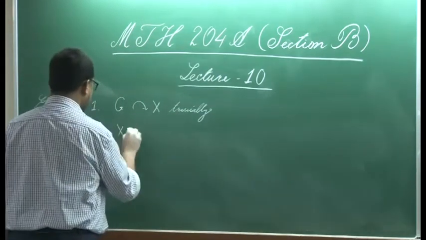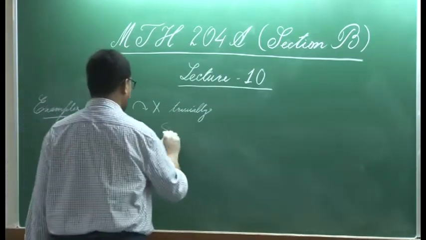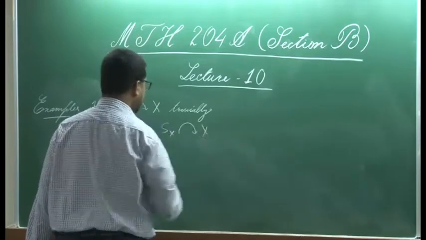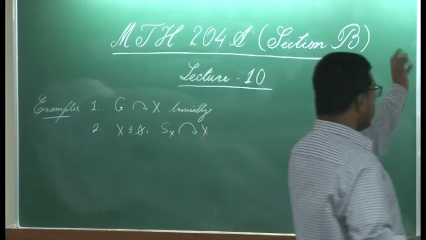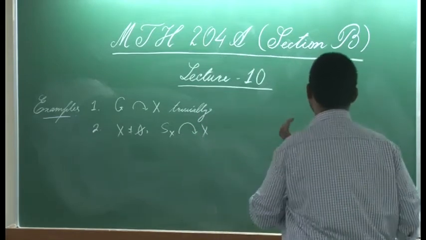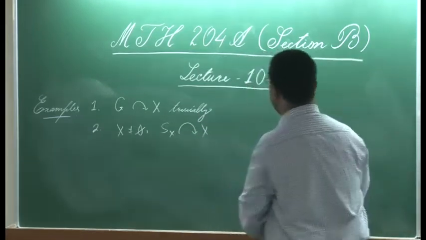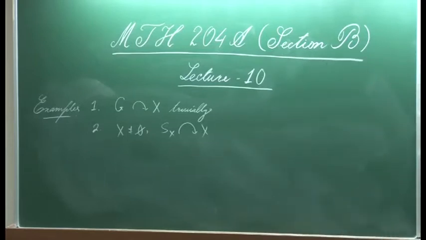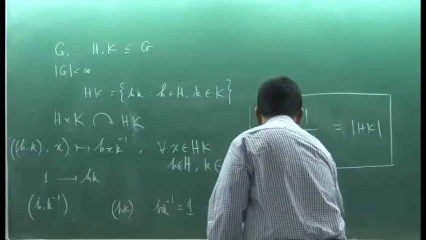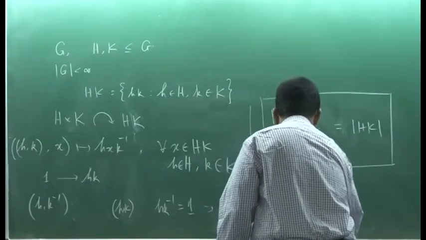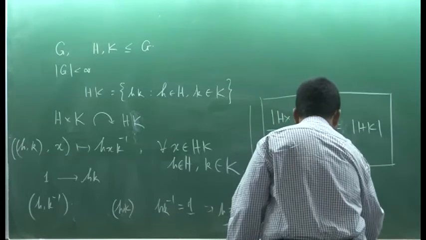If X is a non-empty set, then consider the action of S_X on X. So this action is irreducible. Well, this is the time when I should shift to the standard terminology. The actions which we call irreducible are called transitive in the literature.